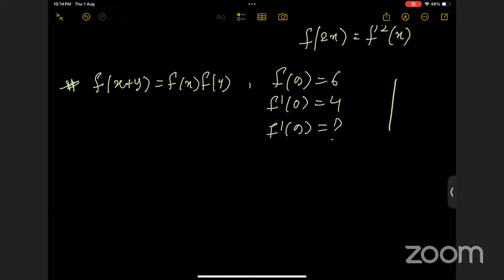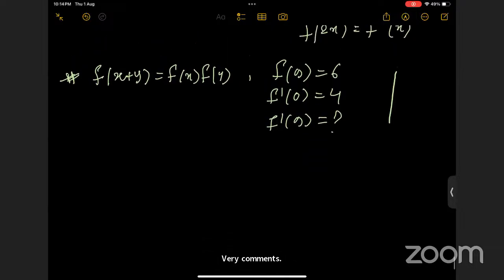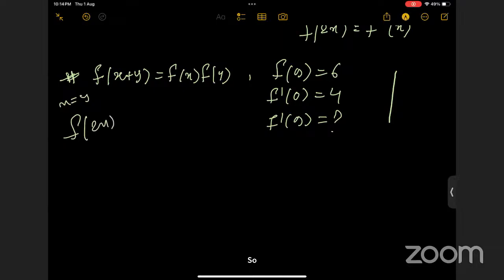Let me verify once. Yeah, that's what they asked. So we simply take x equals to y, with 2x.